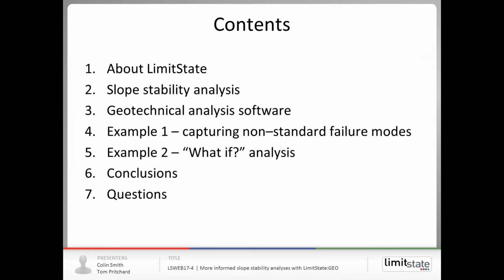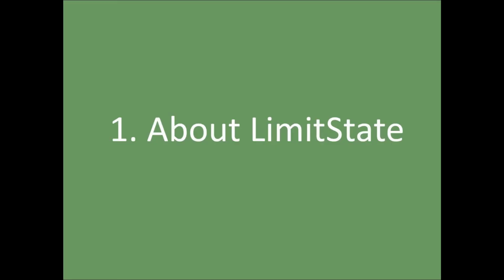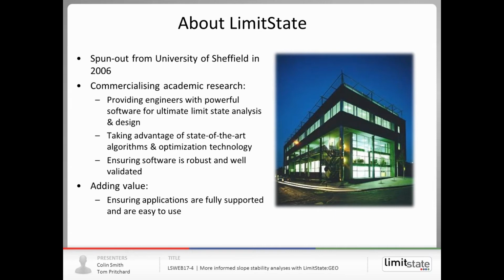So we'll kick off saying a little bit about the LimitState company itself. The University of Sheffield has been conducting research into limit state analysis and design and the use of optimization in civil engineering for almost 2 decades now. The company LimitState was spun out of the university in 2006 with the aim of making this research available to industry and providing easy-to-use, powerful software tools that are well validated and supported.